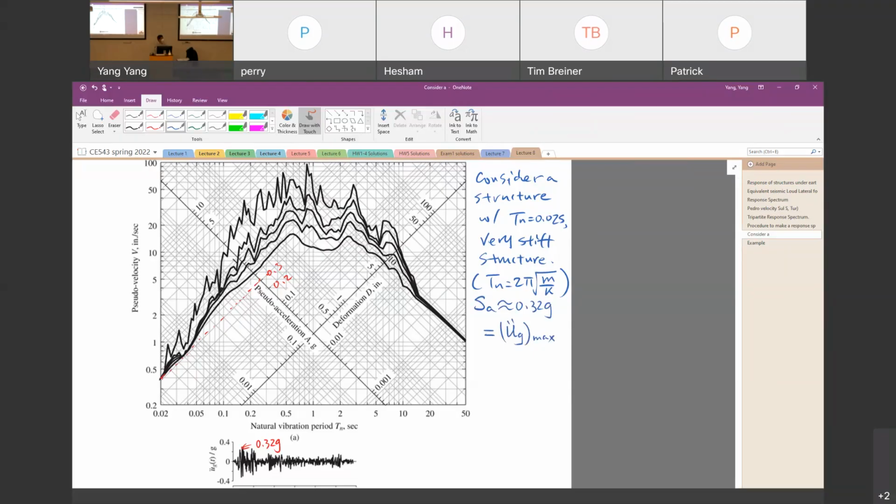So if the natural period of the structure is very small, the maximum acceleration of the structure is the same as the maximum acceleration of the earthquake.